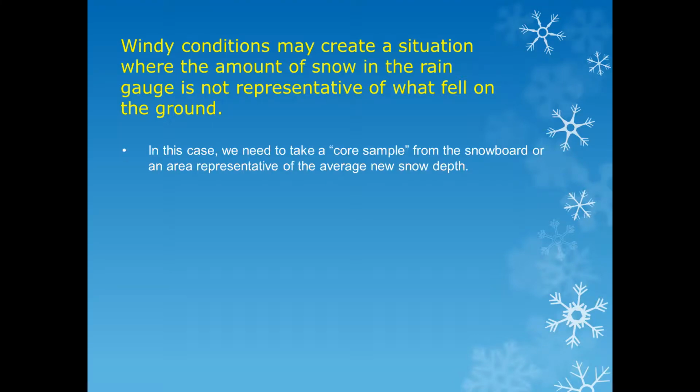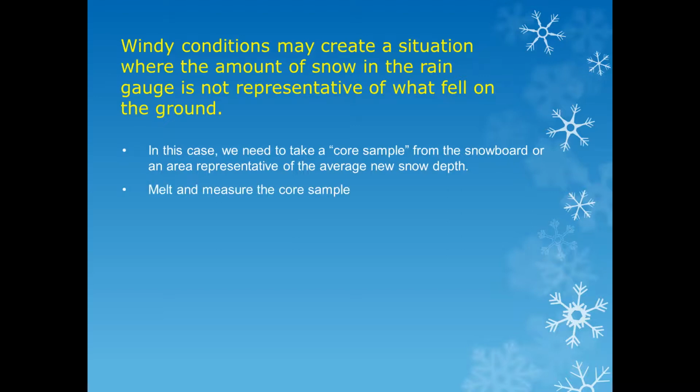This is a case where you really should take a core sample from your snowboard or an area representative of the average depth of new snow, which may not be on your snowboard, by the way. Because our 4-inch rain gauge is not a very efficient receptor for snowfall in windy conditions, this is probably the way to go in most situations.